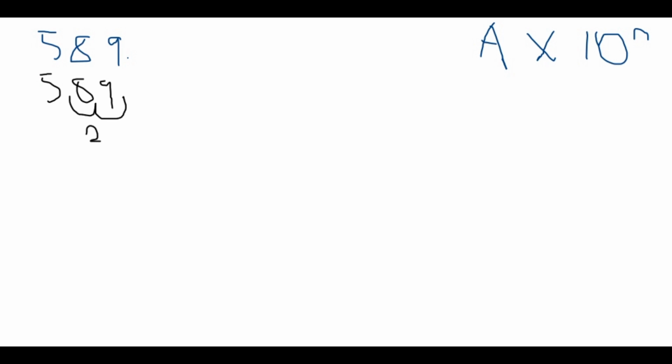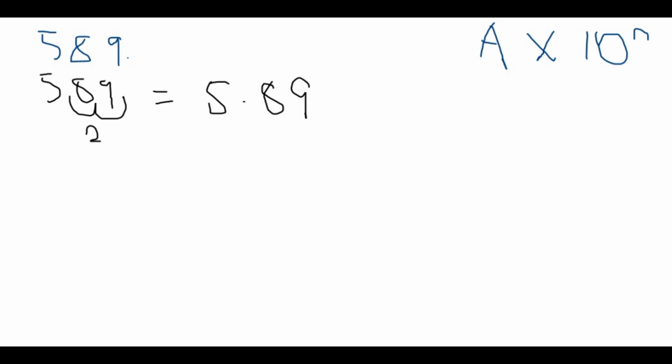If you can remember the format, it's going to take this a times 10 to the power of n, where a is between 1 and 10. So this right here is the same thing as saying 5.89.